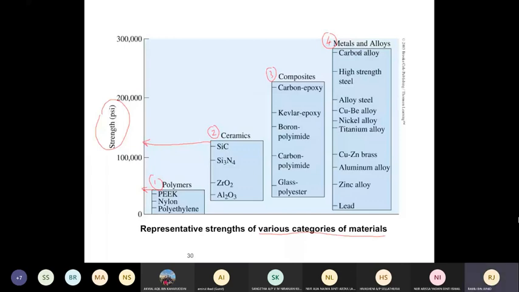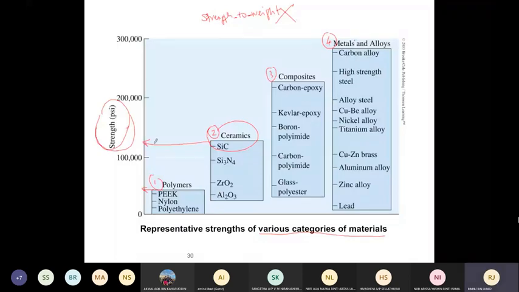But this one is not the strength to weight ratio. This is only strength, not strength to weight ratio. If it were strength to weight ratio, probably ceramics would be higher than metal.